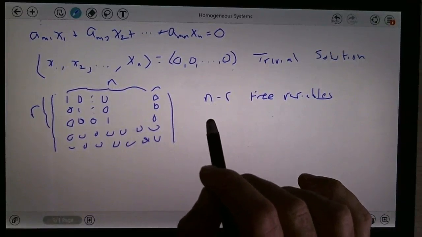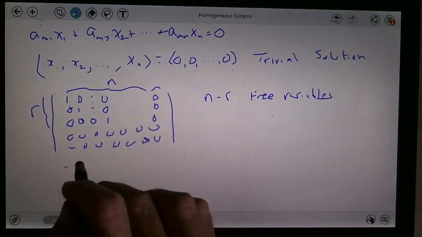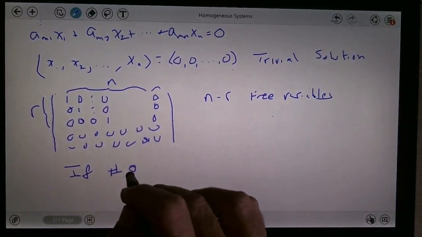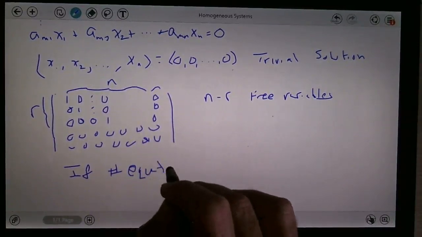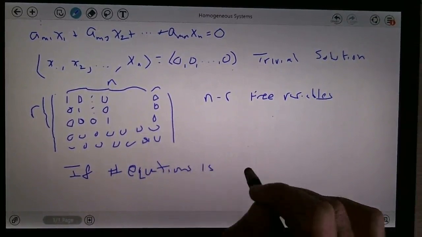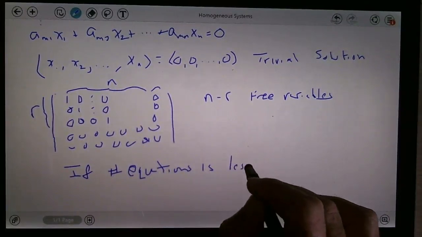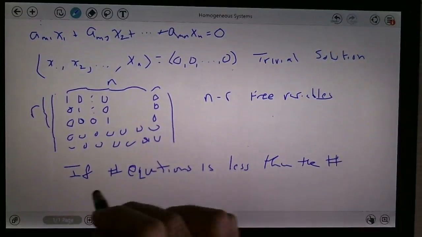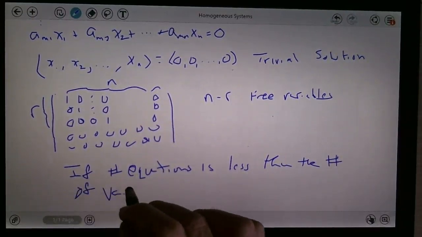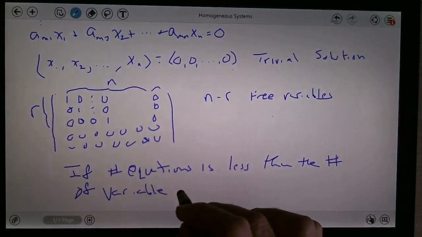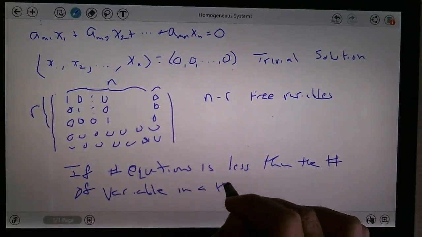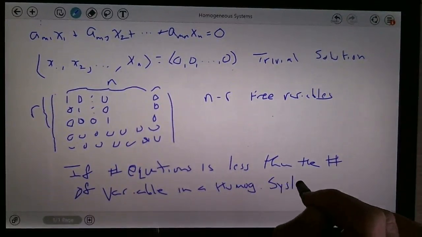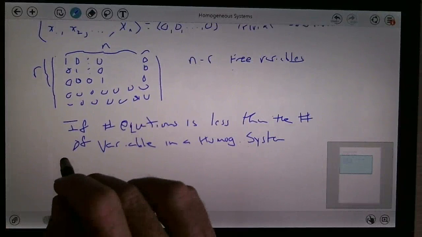And we can assure that that's true if the number of equations is less than the number of variables in a homogeneous system. Then there are infinitely many solutions.